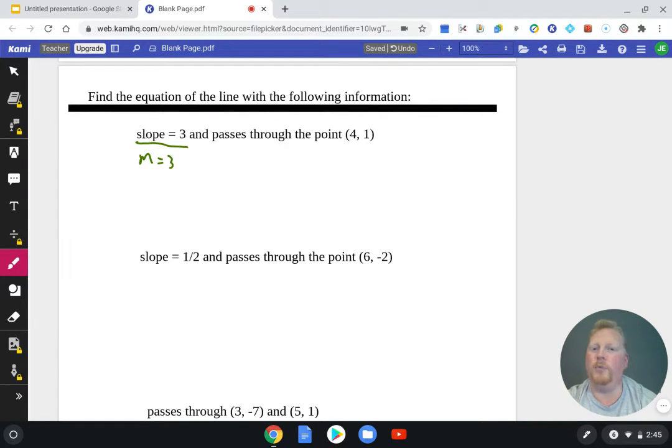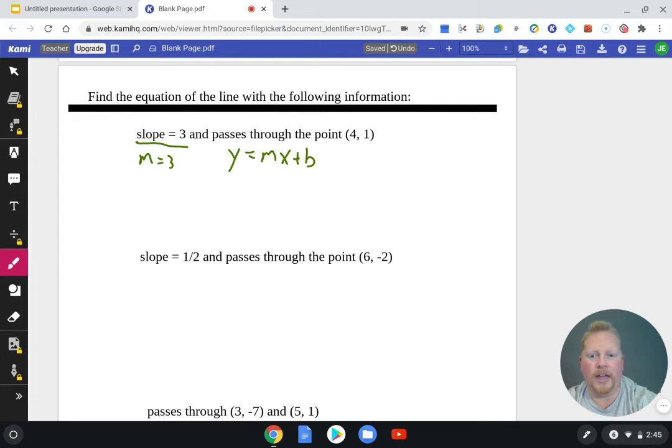So I have to figure out what the b value is. Now, in order to do that, I need some equation that has b in it. And the only equation that I know of is y equals mx plus b. So what I'm going to do is I'm going to plug in numbers for everything except the b value.